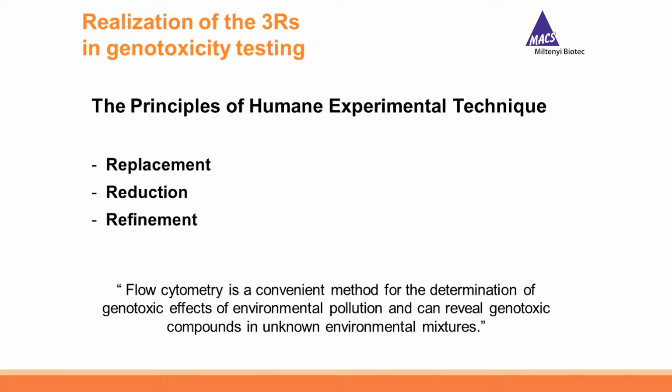Replacement, reduction, and refinement. These are the well-known 3 R's of the concept first described by Russell and Birch, 1959, in their book, The Principles of Humane Experimental Technique. Around 60 years later, these concepts are now the basis of many national and international laws, which regulate the proper use of in vivo experiments and laboratory animals.